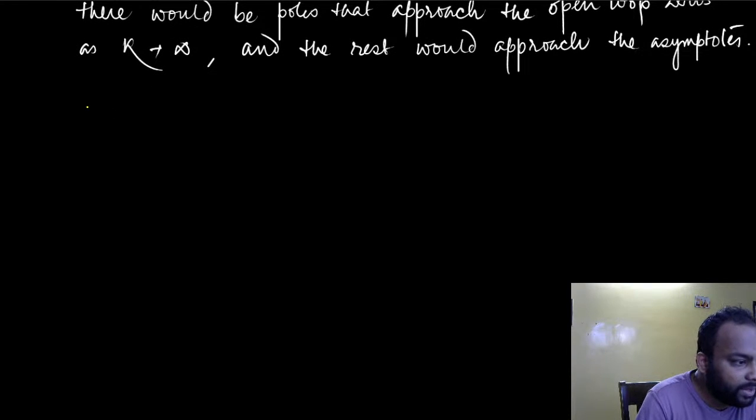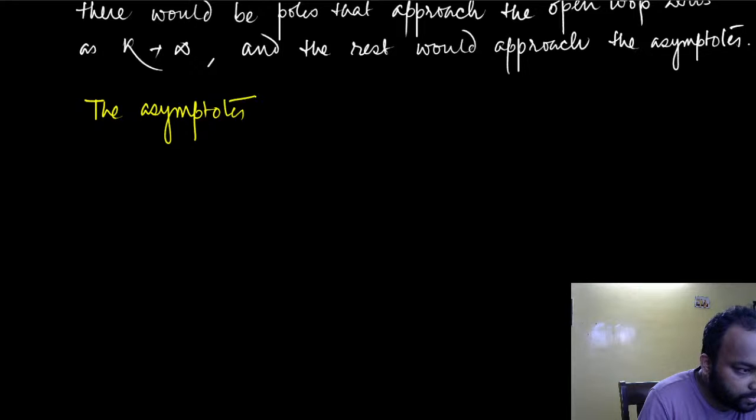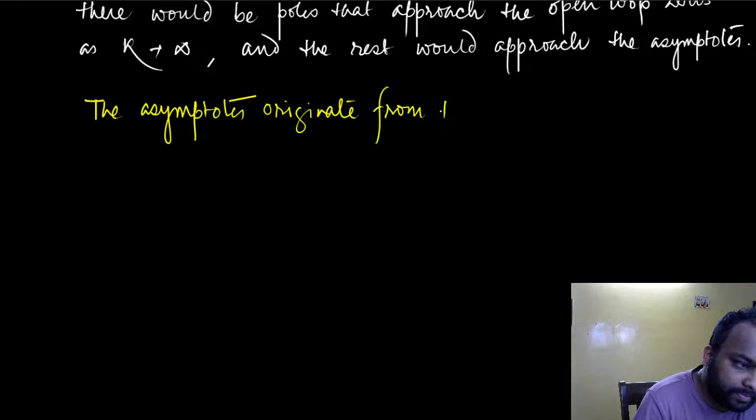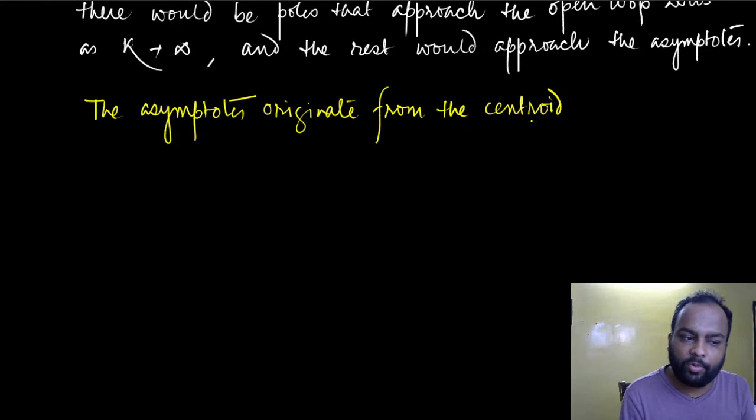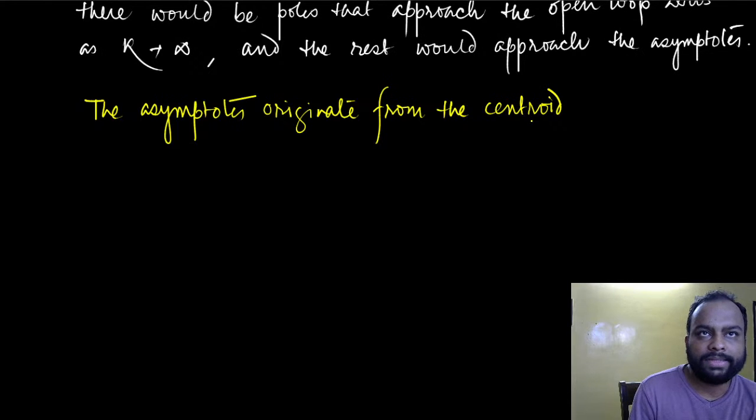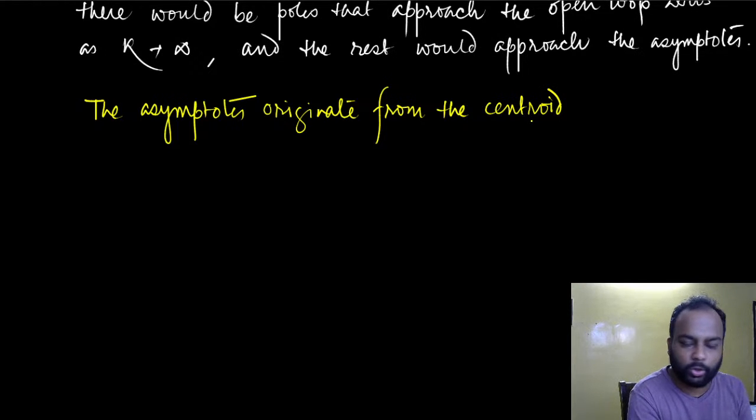So we are going to say that the asymptotes originate from the centroid, and unfortunately I cannot prove this to you right now, because in that case I would have to take the transfer function, put an infinite gain, and do a partial differentiation, and show you how the formula is derived, because that would take yet another class on this, right?